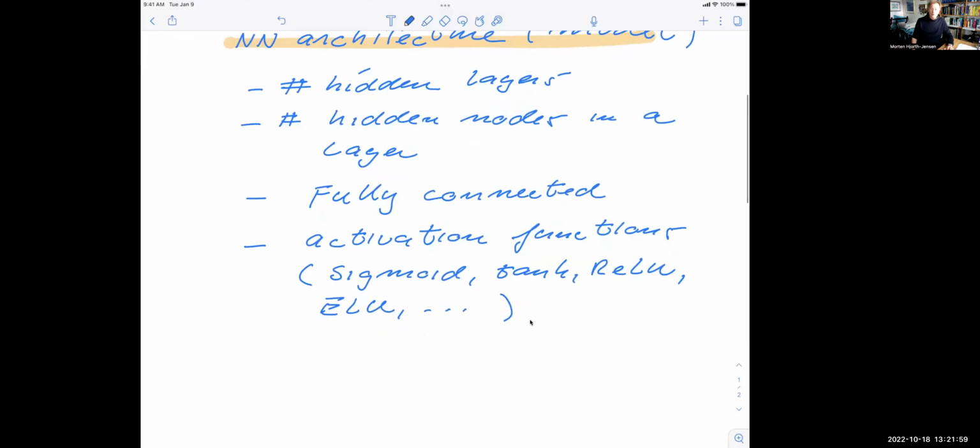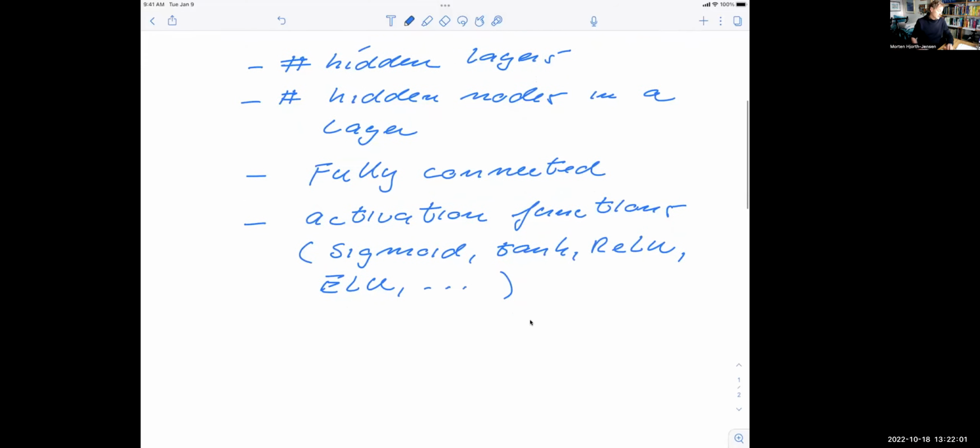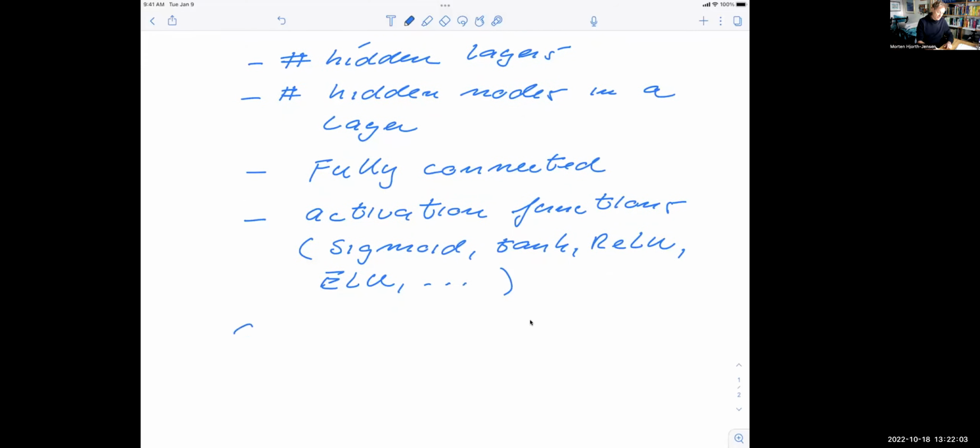Then the next part which we need to deal with is the so-called cost function and optimization. So we have to decide whether we are doing a classification problem or whether we are doing a regression type of problem where we want to fit a specific function.